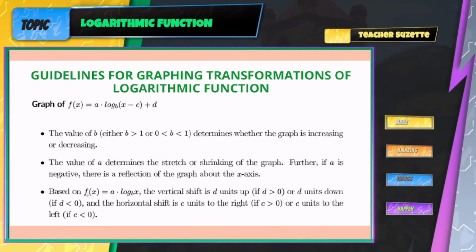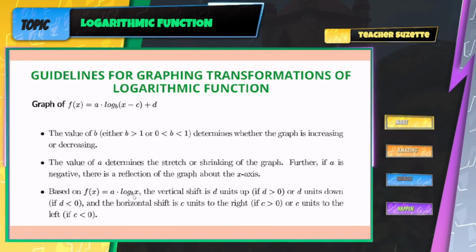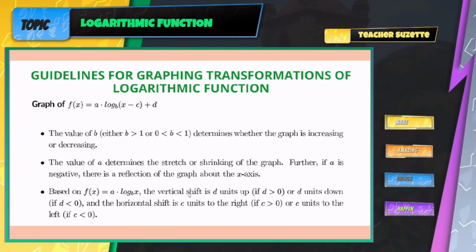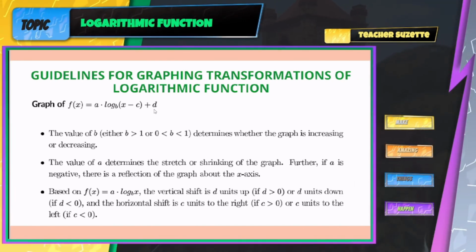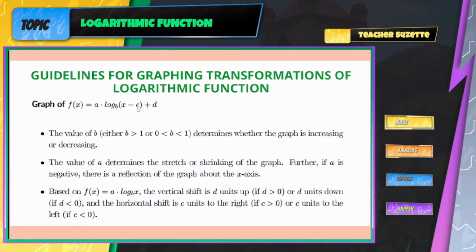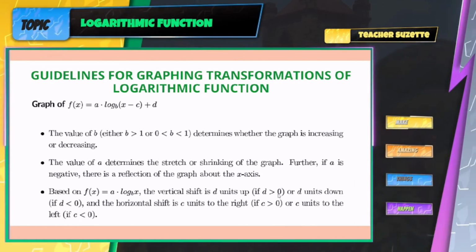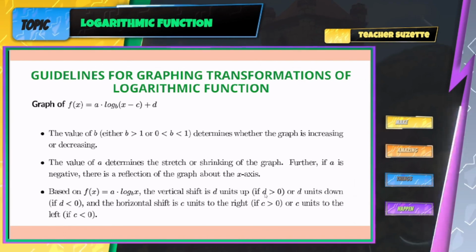So based on f of x is equal to a times logarithm of x base b, ayan yung d natin implies for vertical shift, and yung c natin implies for horizontal shift. So syempre kapag ang d natin is greater than 0, so magkakaroon tayo ng d units up.